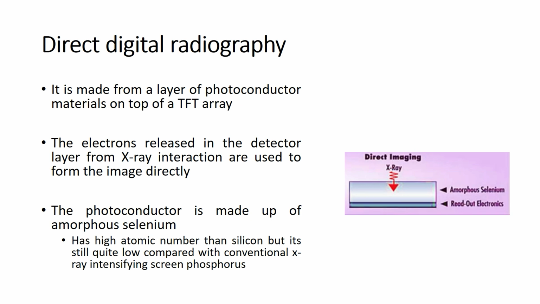The photoconductor is made up of amorphous selenium. Selenium is the main component of direct digital radiography. Selenium has a higher atomic number than silicon, but it is still quite low compared to conventional X-ray intensifying screen phosphors.